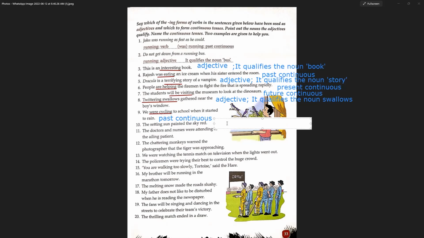Yes, Methuni, number 10. The setting sun painted the sky red. What shall I underline there?